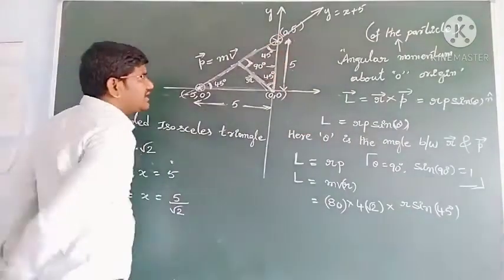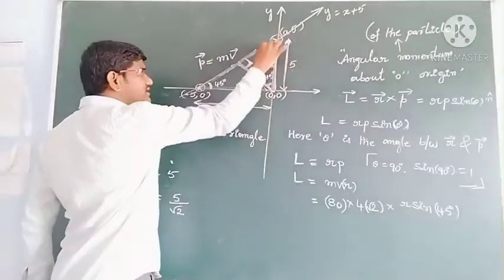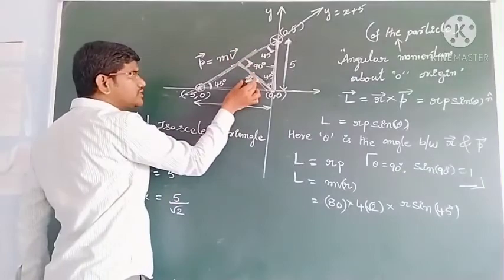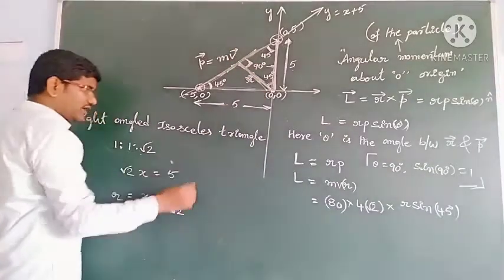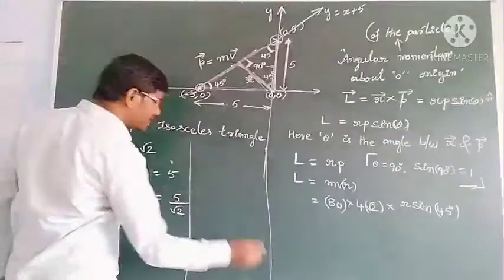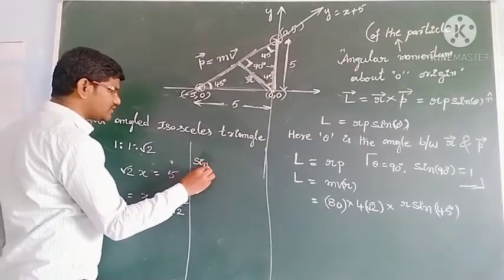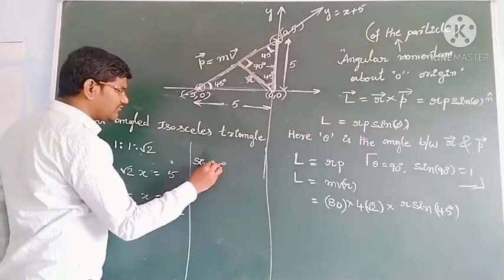Otherwise, students, we know this length is 5 units, and this is the 45 degrees. I want the opposite side, which means I want r. To get r, I am taking sin 45 degrees.